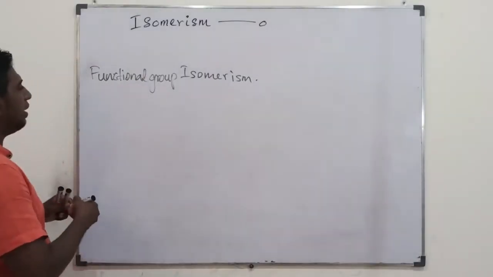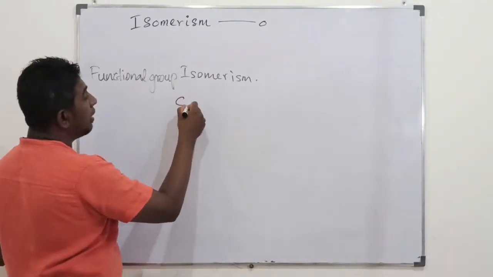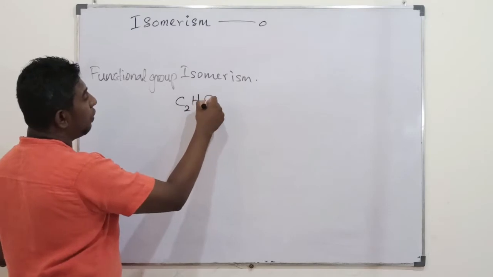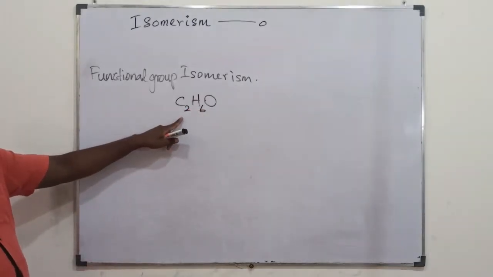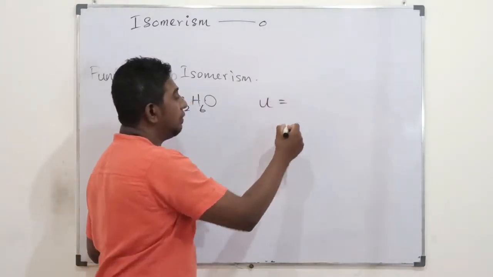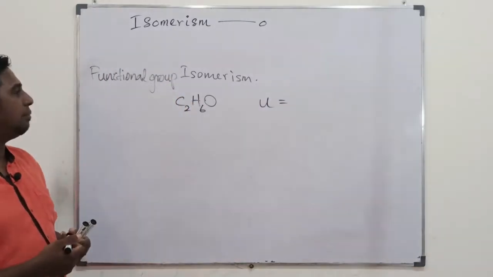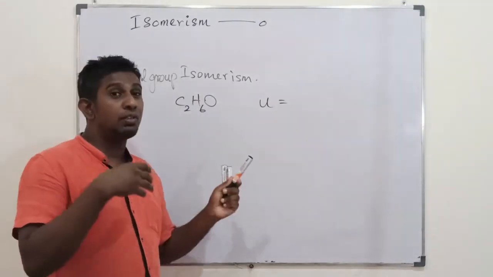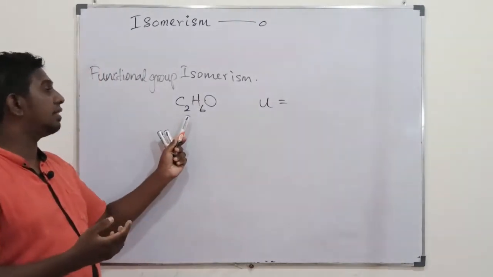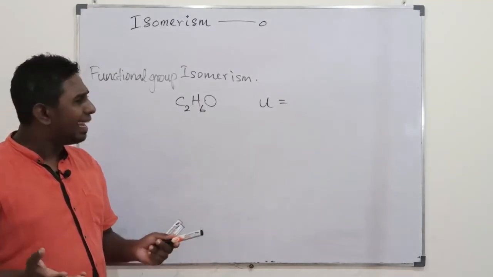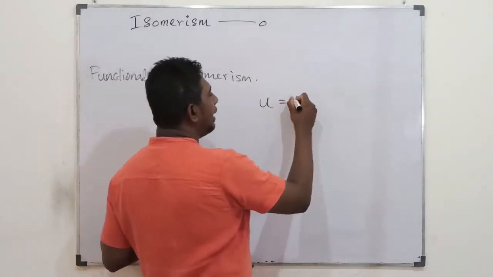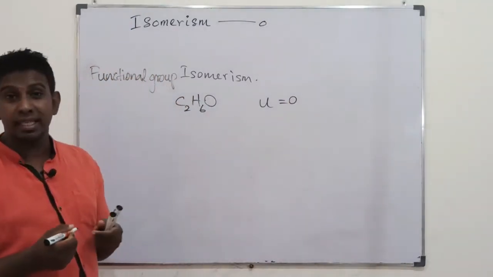So if I give you this molecular formula C2H6O, when you check for its unsaturation number, it is 2 into 2 is 4 plus 2 is 6 minus 6 is 0 divided by 2 is 0. It does not have any double or triple bonds or any cyclic structure.